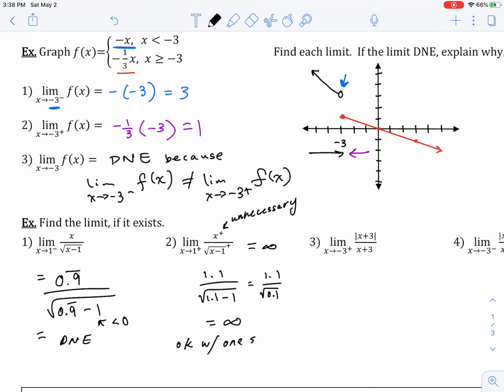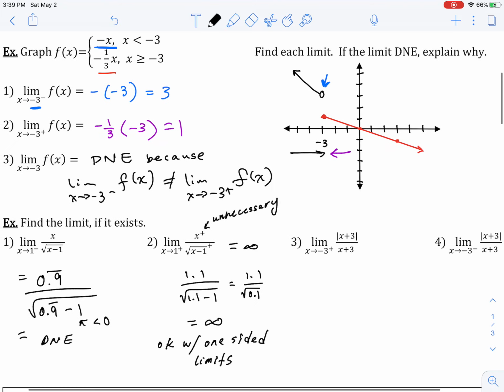So okay with one-sided limits. Just remember again, infinity cannot be a limit. It's not something you ever reach. But it's okay to describe a one-sided limit using infinity because it just gives you a little bit more information there instead of just saying does not exist. It's, yes, the limit doesn't exist, but we can say it's equal to infinity.